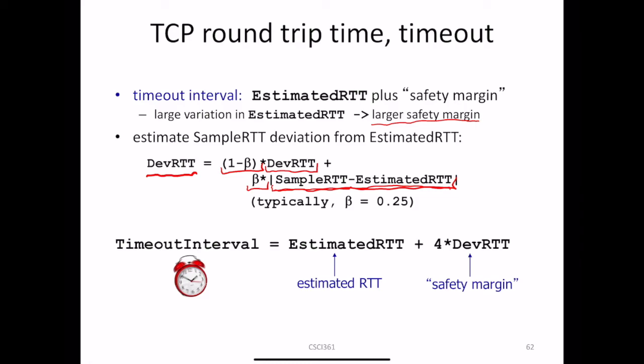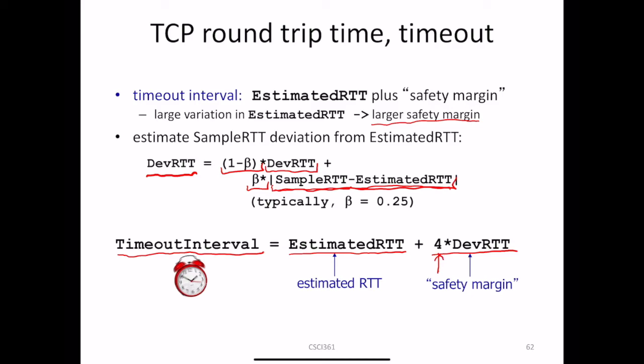Then finally, we can calculate the timeout interval, which is the estimated round trip time plus 4 times the estimated deviation round trip time. Probably you will ask why the value is 4 instead of others.